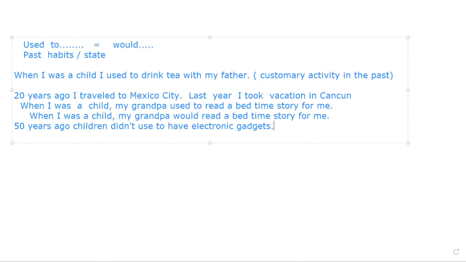Observe this example. If I say 500 years ago, children didn't used to have electronic gadgets, it's true. Life has changed, and therefore, in the past, children didn't used to have them. I am using the auxiliary in past, and as you can see, use is in present. So that is the good point about this.